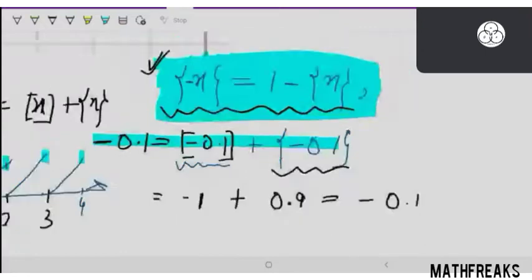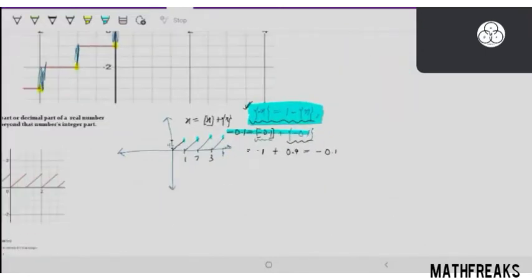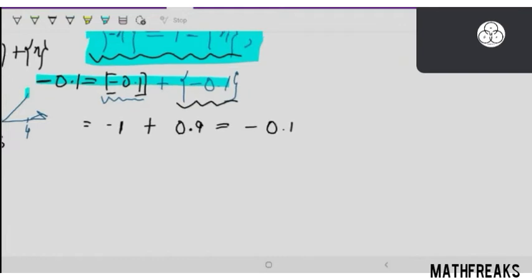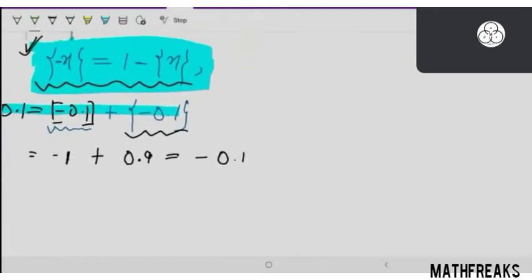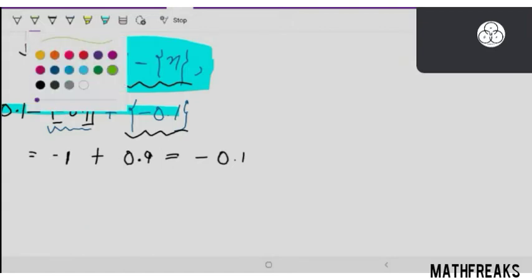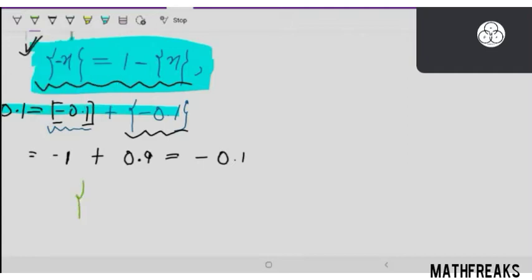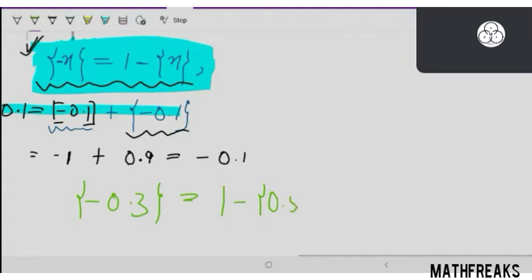So let us give some examples to get some clarification regarding this. Curly of minus 0.3 will be 1 minus 0.3, which will be 0.7, right? Not understanding, sir?